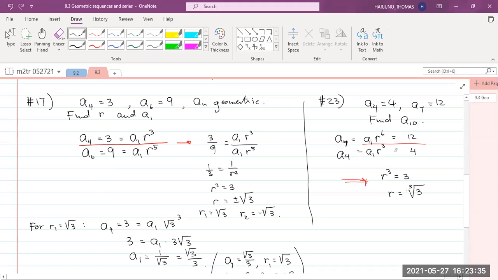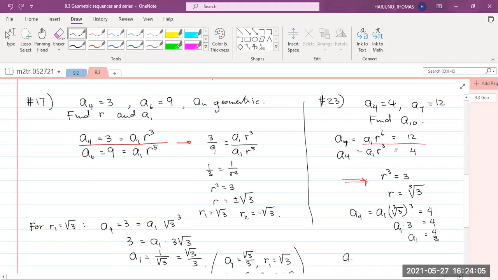Now, what is the 10th term? Let's find the first term first. The 4th term is the first term times r cubed. But we know the 4th term is 4, right? So the first term times 3 equals 4. The first term is 4/3.